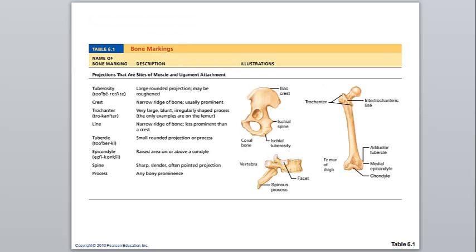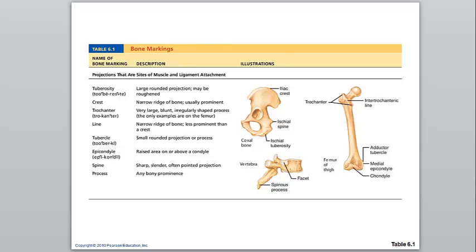So these names that are listed in your textbook or over here, you have to know the meanings of these names as well as the spelling for these names. First, the projections. The projections are sites for muscle and ligament attachment.